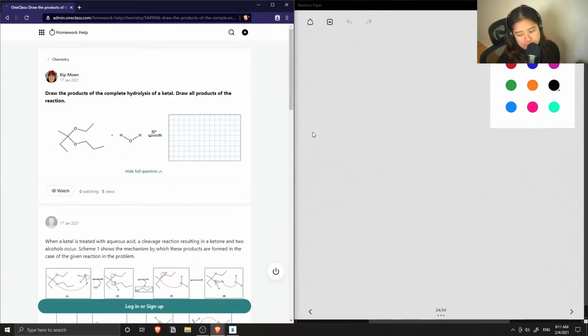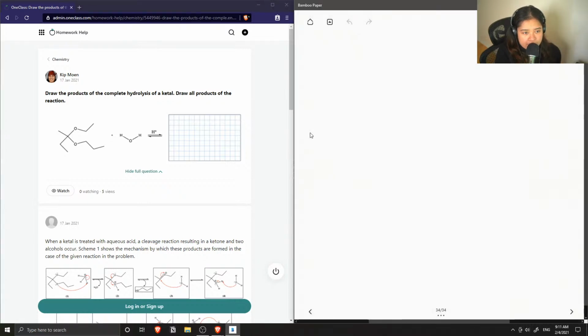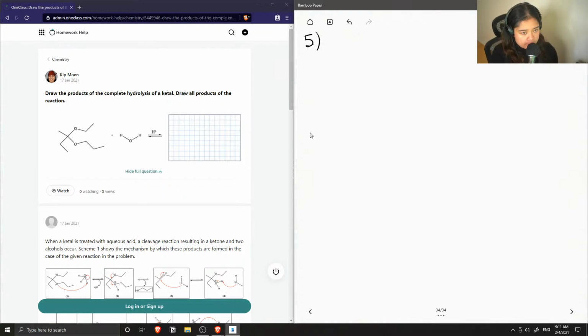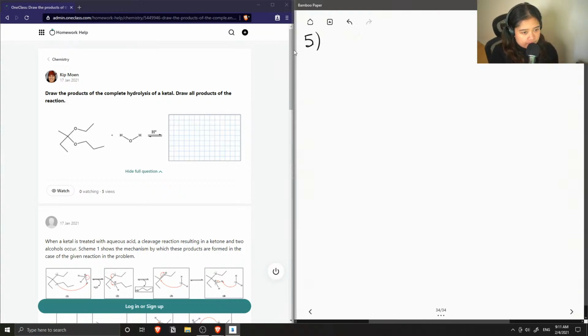Okay, so question number 5 is to draw the products of the complete hydrolysis of a ketal. Draw all the products of the reaction. Okay, so we start off with the ketal.